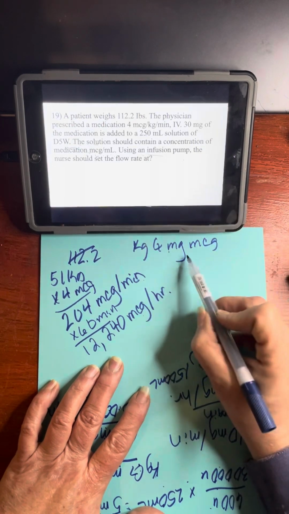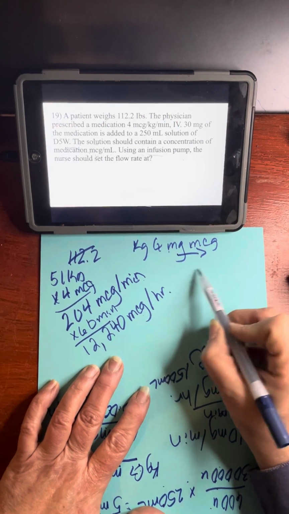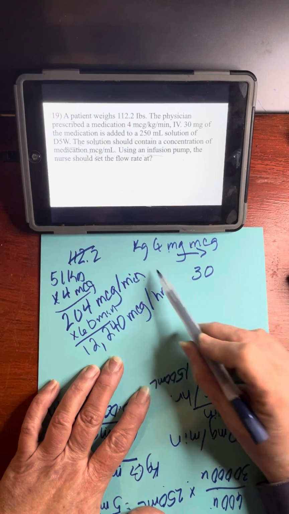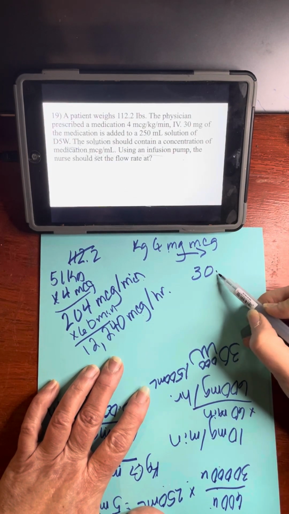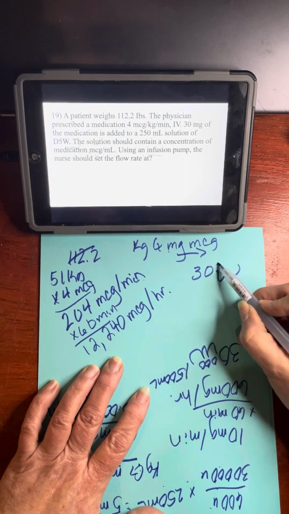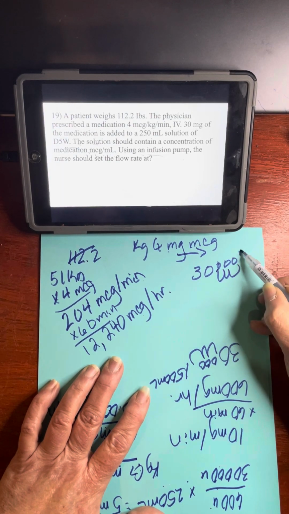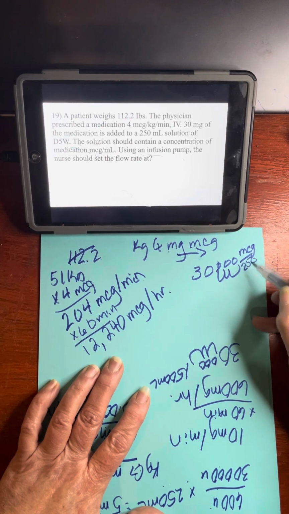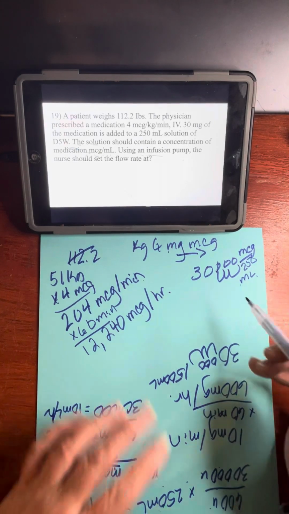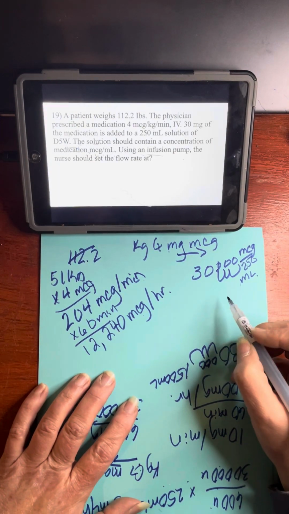If I'm going from milligrams to micrograms with this 30, I got to move the decimal to the right. It's understood to be behind the 30. I'm going to grab it. 1, 2, 3. And we got 30,000 micrograms in 250 milliliters. That's our dose on hand now.